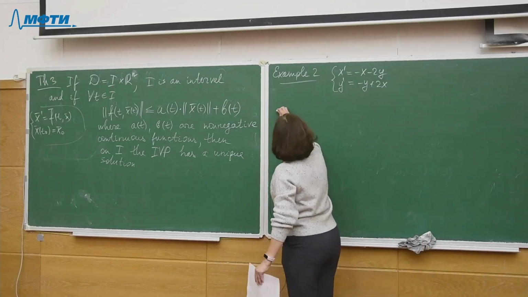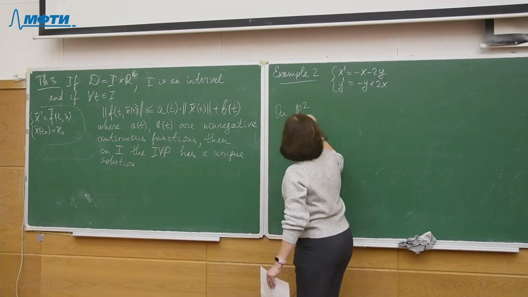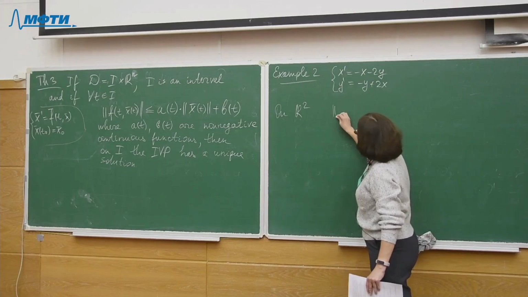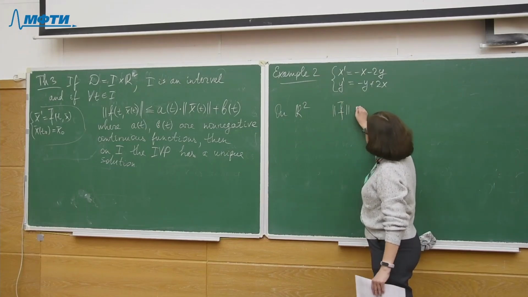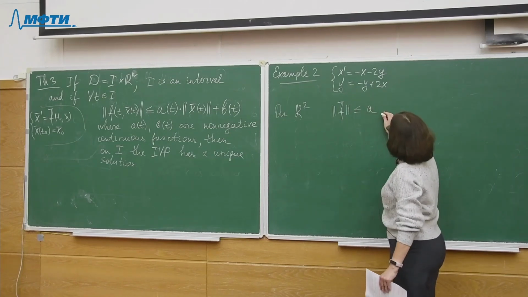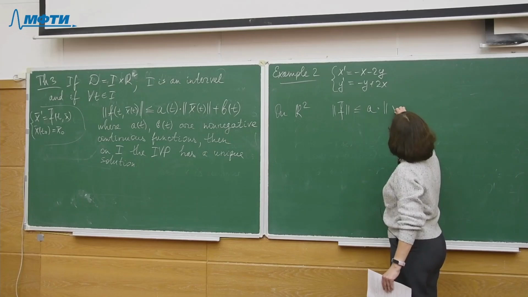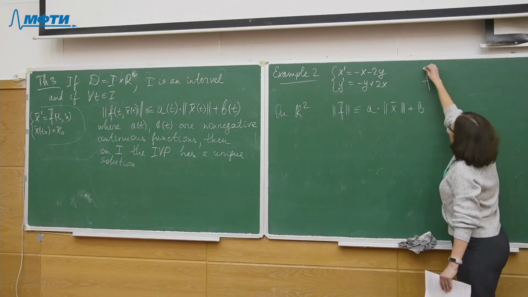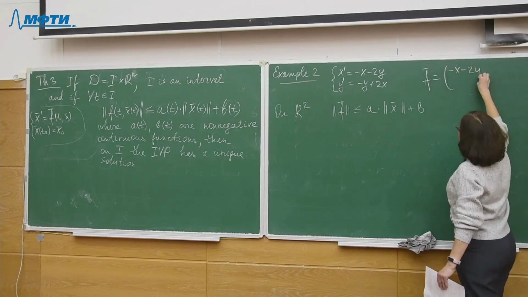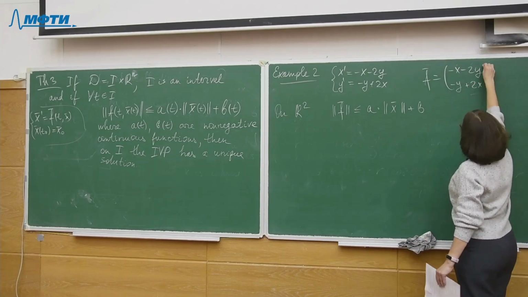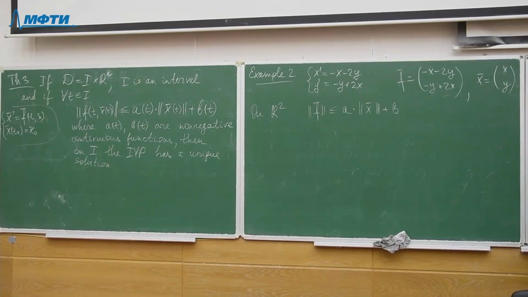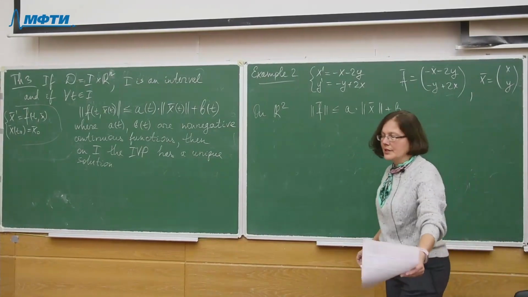I claim that on R^2, our vector function, the norm of f is less than or equal to a times the norm of x plus b, and x is (x, y). Let's check that this is true.